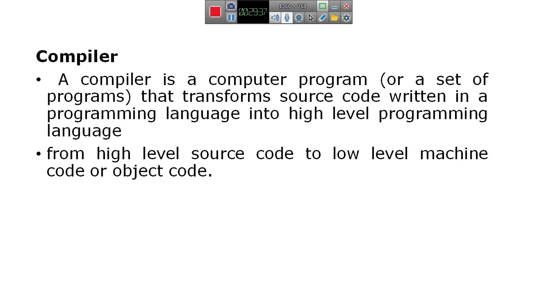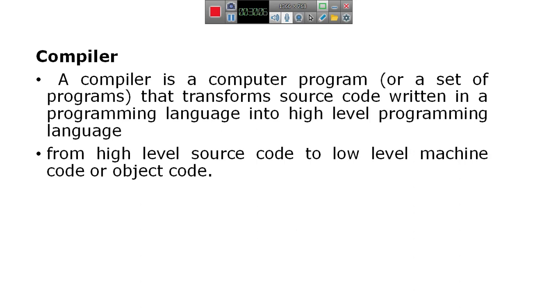It is also a software. It converts the entire code written in a high level programming language into object code. It is source code to machine code.